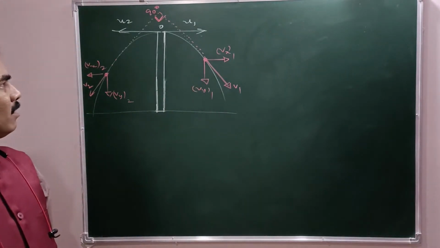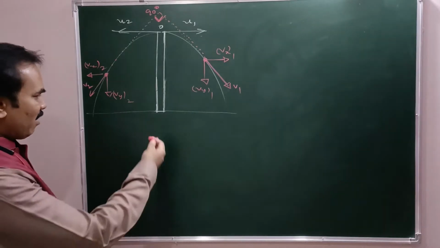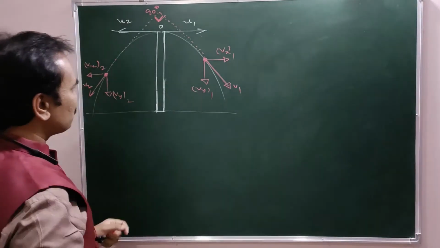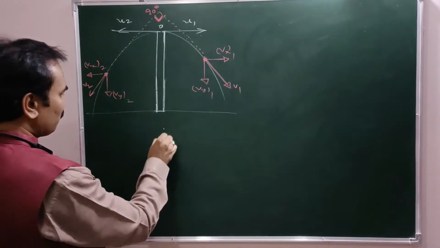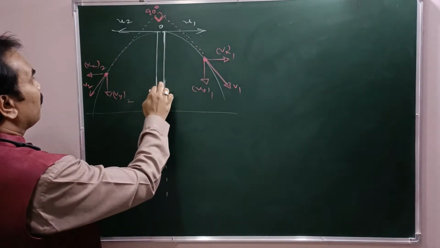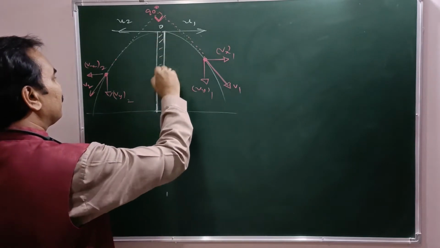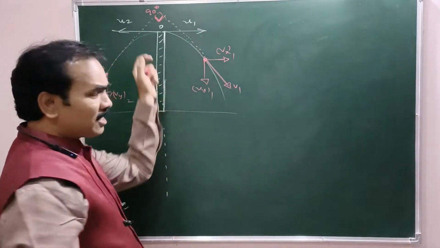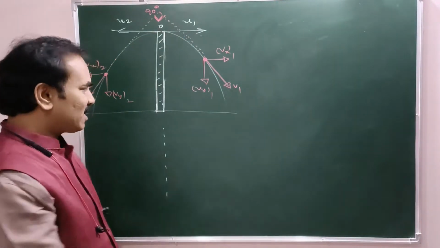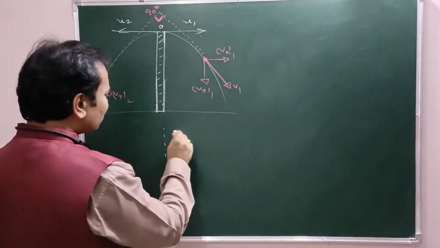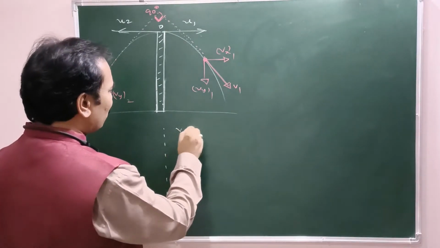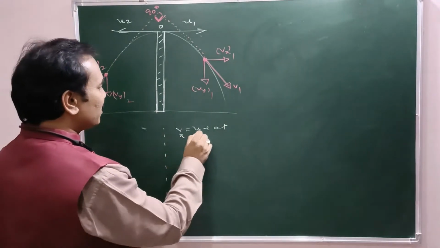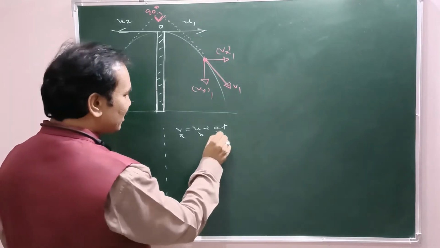Now, I am trying to express those components. This is the tower. I am writing components for the first projectile, which is projected along positive x-axis initially. What is the x component? v equal to u plus at, that is Vx equal to ux plus ax into t.